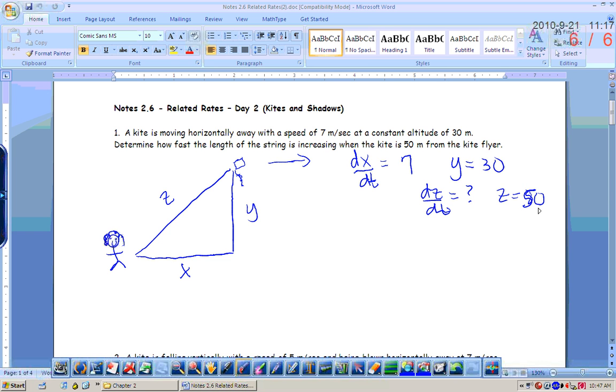Now what equation will relate x, y, and z together? Pythagorean theorem. Good. So x squared plus y squared equals z squared.